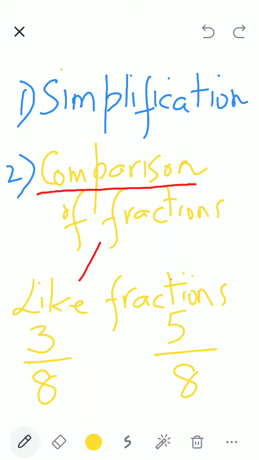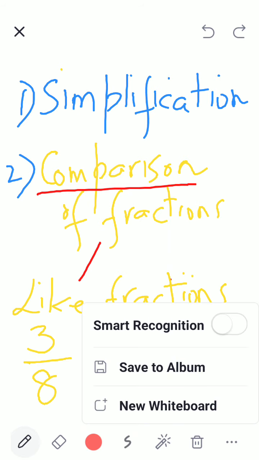For example, if I want to find out which fraction is bigger, we can straight away make out. Subhashri, can you tell me which fraction is bigger? Yes, 5 by 8 is bigger. Why? Because in like fractions, the numerator will decide which fraction is bigger. Correct? So it's very easy, no?